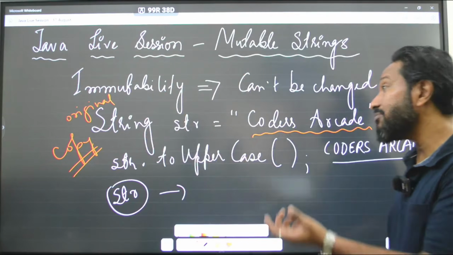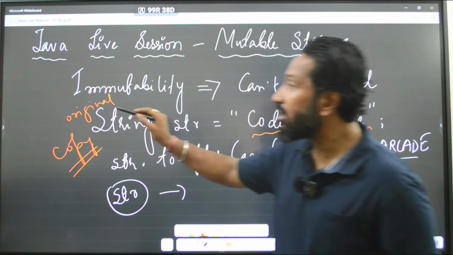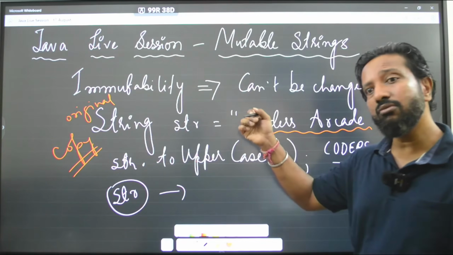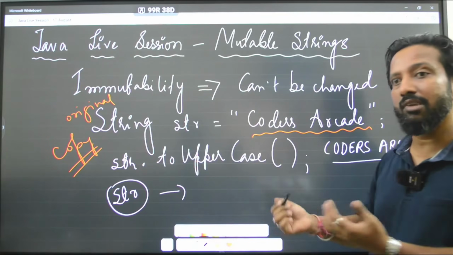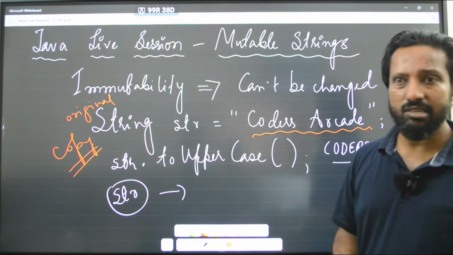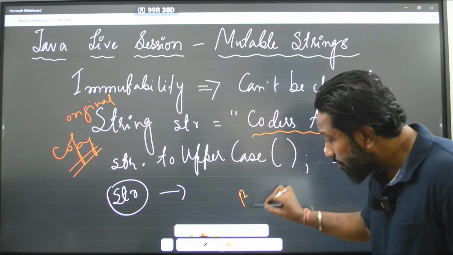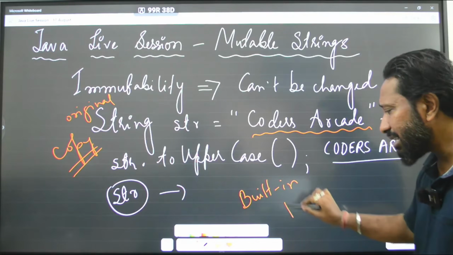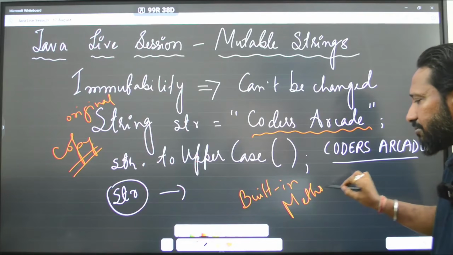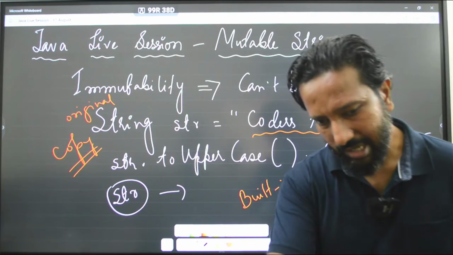So therefore comes the concept of mutability. How do you create mutable strings in Java? This is what we will be learning today in our live session, and also we will be learning some more built-in methods of our String class. Okay, so let's get on with this.